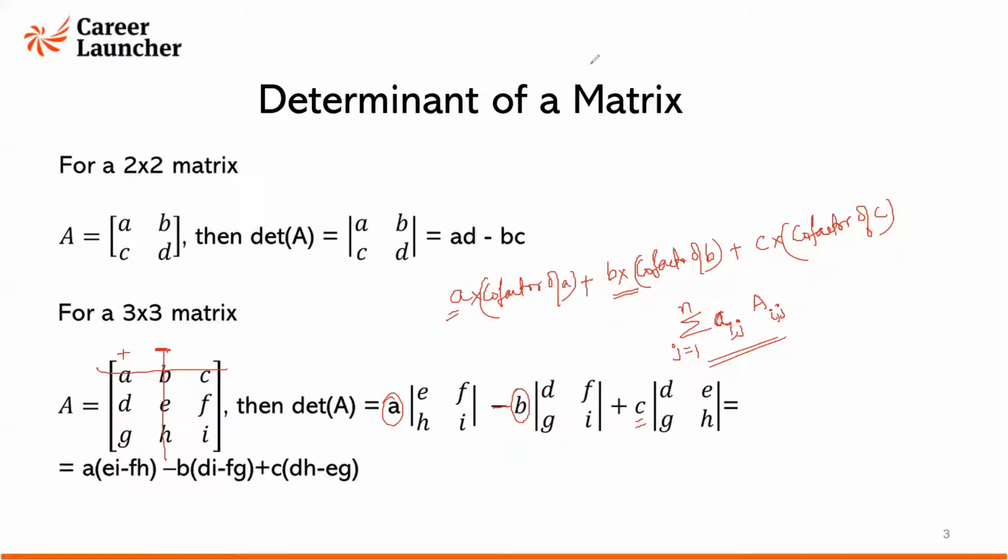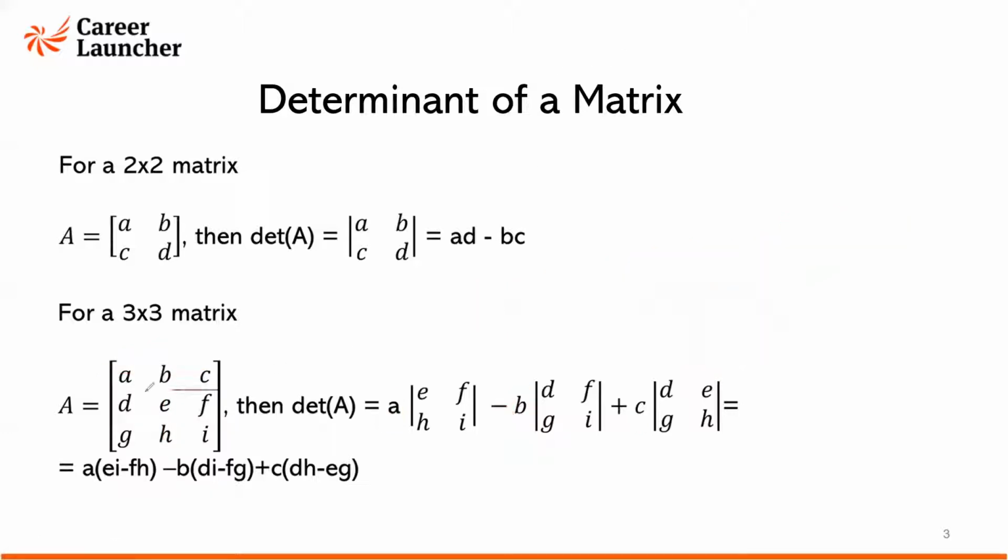So we can also find the determinant from the second row. The answer will be the same. It is D into the cofactor of D. What is the cofactor of D? This is plus, this is minus, so it is -1 into the minor of D. What is the minor of D?